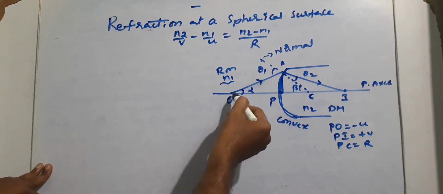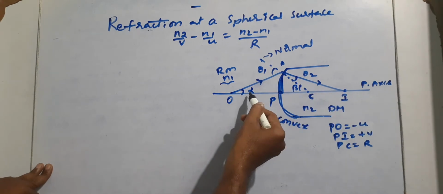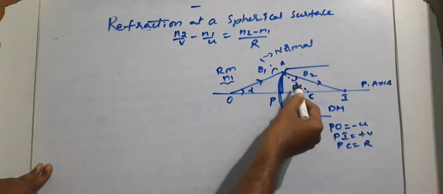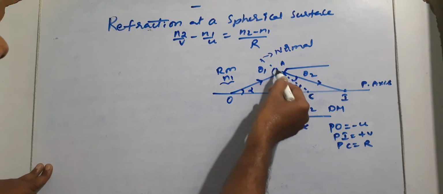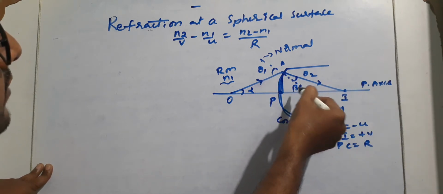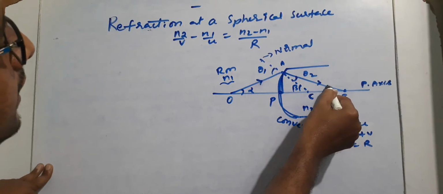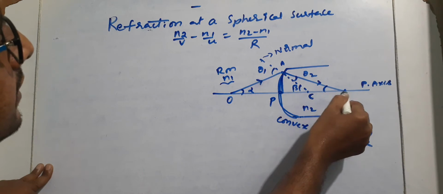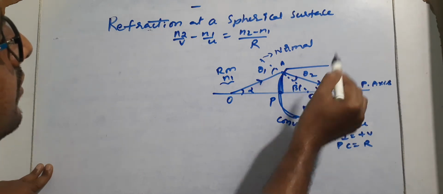Now the angle between the incident ray and the principal axis is alpha, the normal line and the principal axis are separated by angle beta, and the refracted ray makes an angle with the principal axis denoted by gamma.